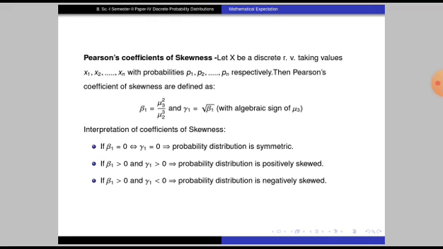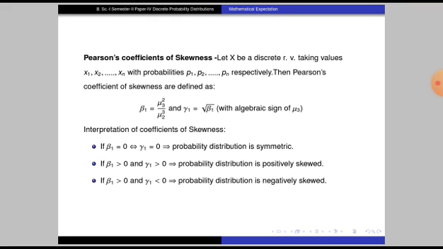So Pearson's coefficient of skewness, we will keep the notations same as you have already studied. First of all, see Pearson's coefficient of skewness. Let x be a discrete random variable taking values x1 to xn with probabilities p1 to pn respectively.